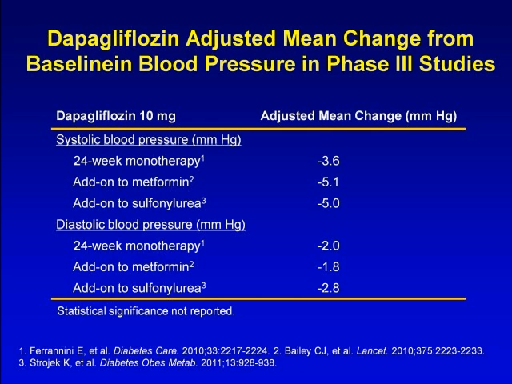Now, another effect that has been noted with SGLT-2 inhibitors is a reduction in blood pressure. These drugs are not approved as antihypertensive agents, but they seem to have a consistent effect on blood pressure lowering across all drugs in the class and all clinical trials. On this slide, you see that either as monotherapy, added on to metformin, or added on to sulfonylurea, you get a reduction in blood pressure of about 4 to 5 millimeters of mercury systolic and about 2 millimeters of mercury diastolic.